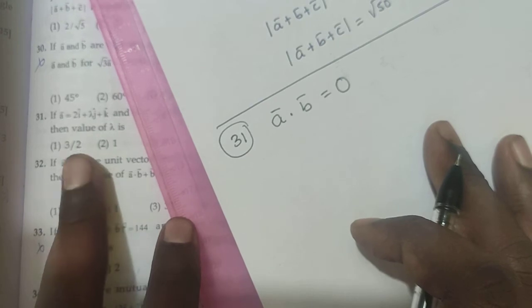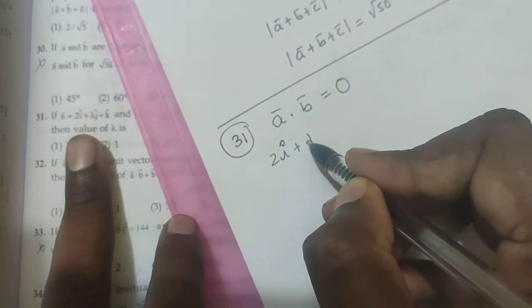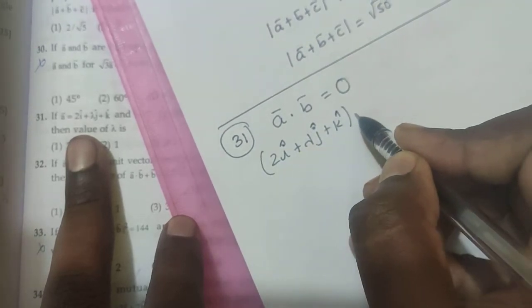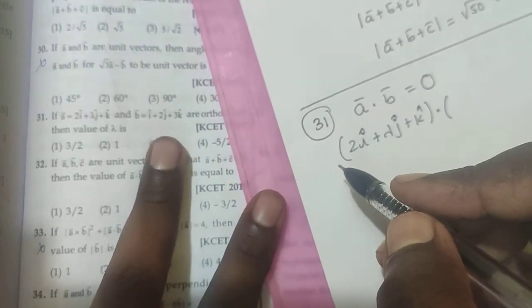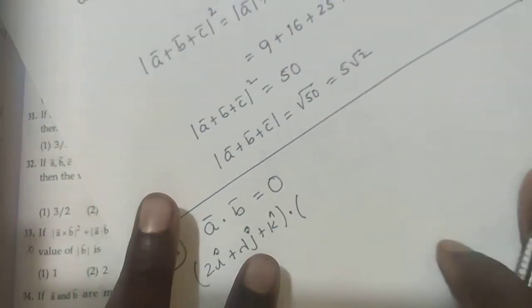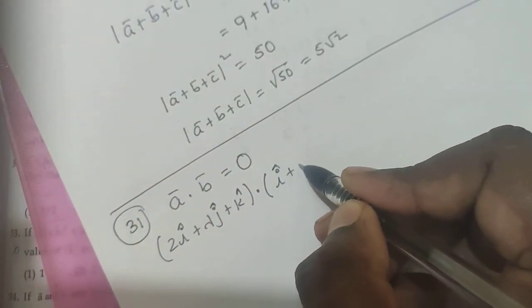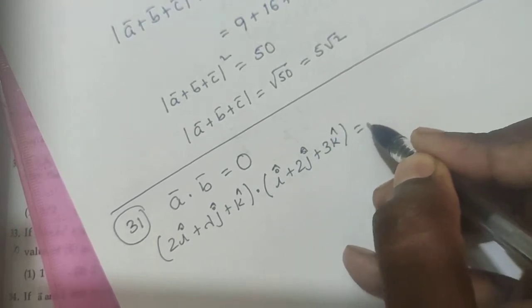What is the first vector? 2i plus lambda j plus k, dot the second vector, i plus 2j plus 3k, equals 0.